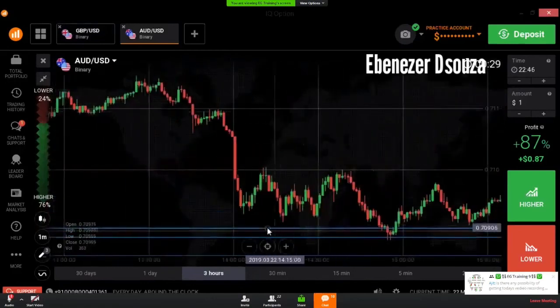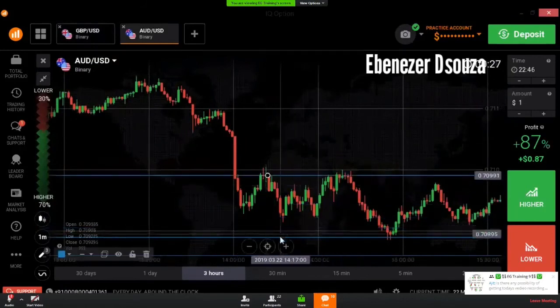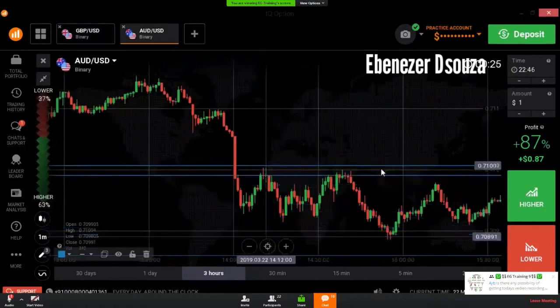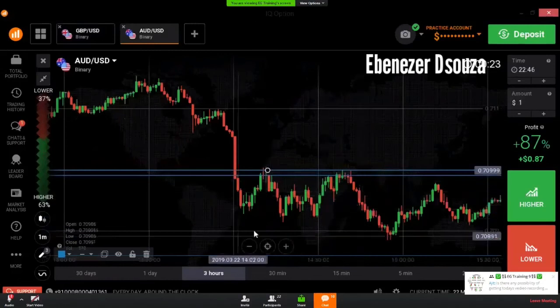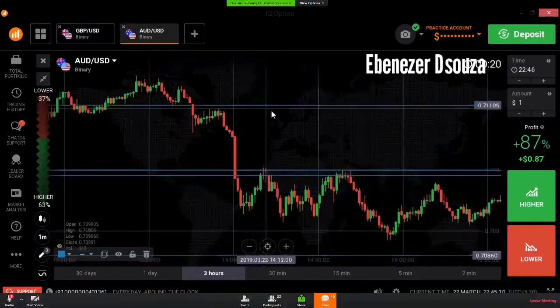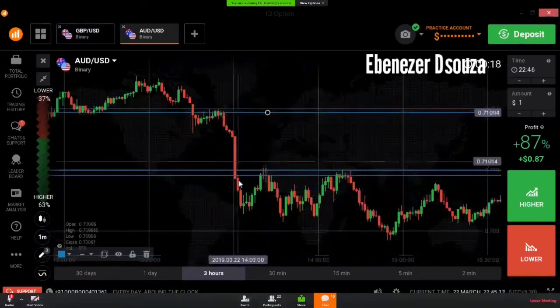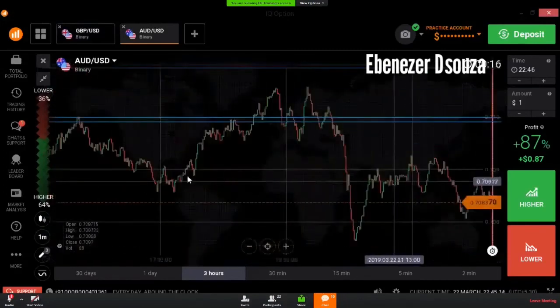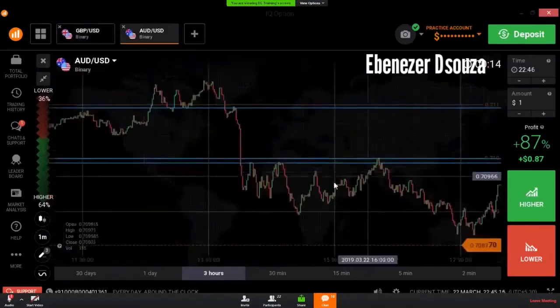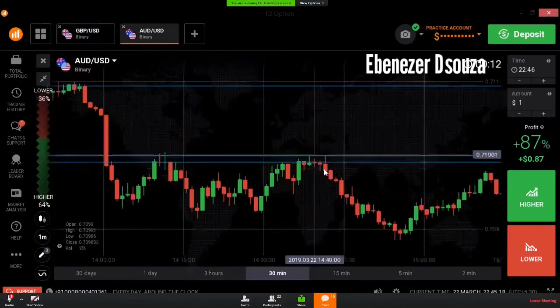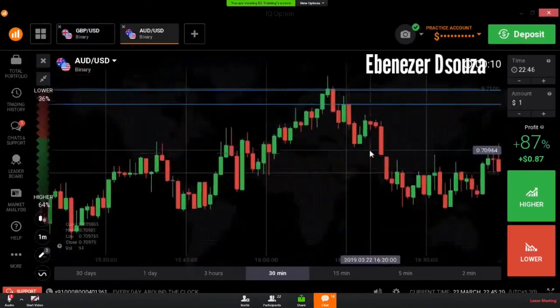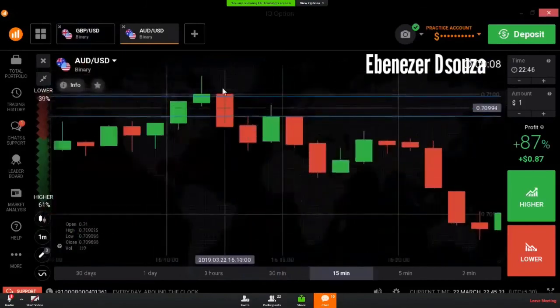A strong selling pressure from this level, a strong selling pressure from this level, and here also we are seeing a strong selling pressure. Okay, there is no level, but from this strong selling pressure, again sellers entered.